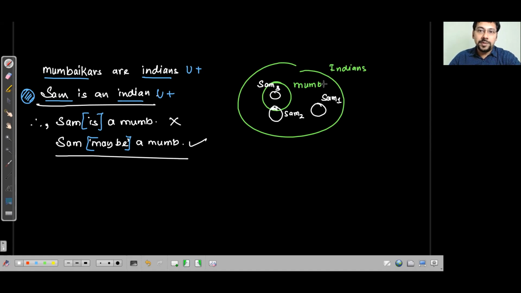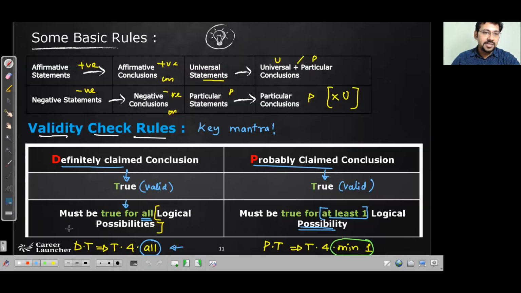Sam can also be equal to Mumbaikar, so Sam 4 and Sam 5 are also logical possibilities. But I'm going to explain that in the next slides, and for now I'm not going to consider 4 and 5. But you will all agree that Sam inside the Indian can have these three possibilities for sure. Now, what I just gave you as a mantra is that whenever a claim is a definite claim and it is valid, it must be true for all the logical possibilities.